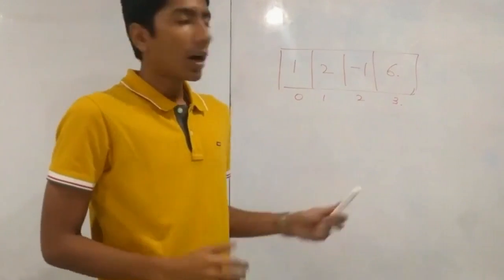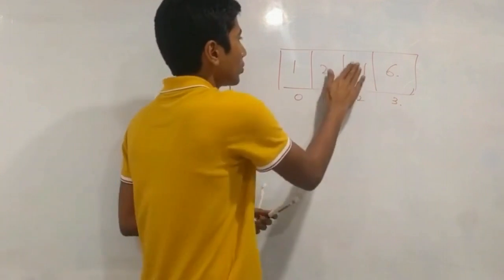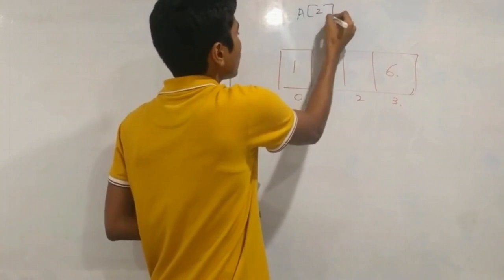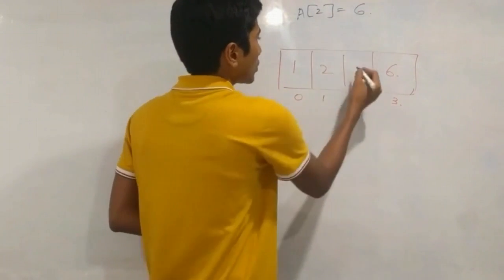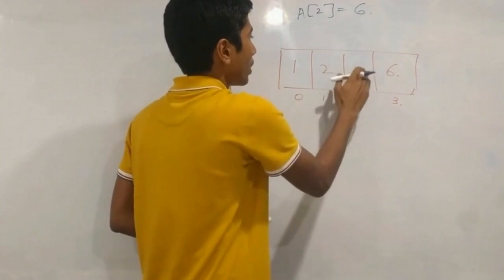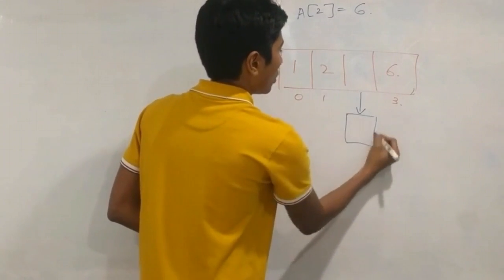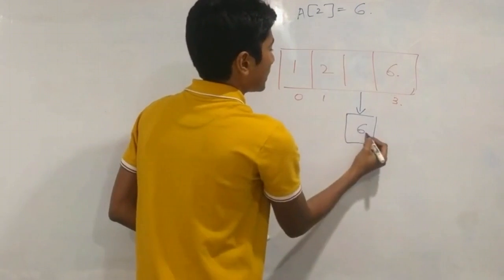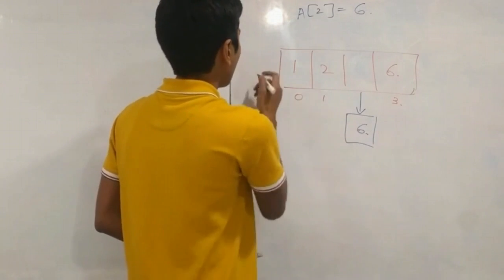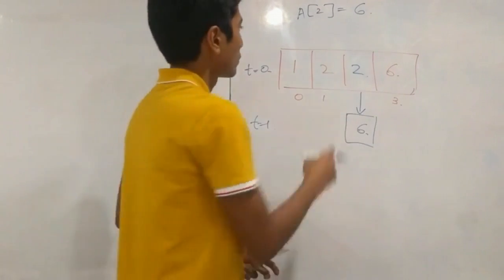If someone tells you to update index 2 and it has been set to 6 now, instead of making this 6, what you will do is add a pointer to a new node with 6 in it. So at t equal to 1, this is the new state, and at t equal to 0, this was the state. I think it was -1, yeah.